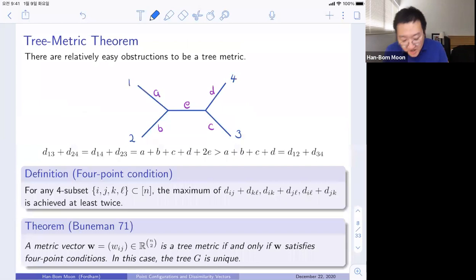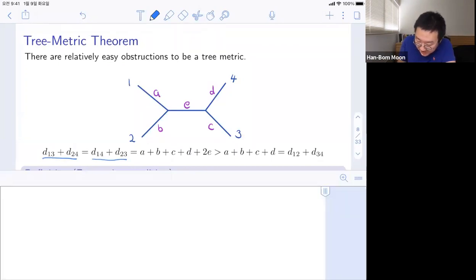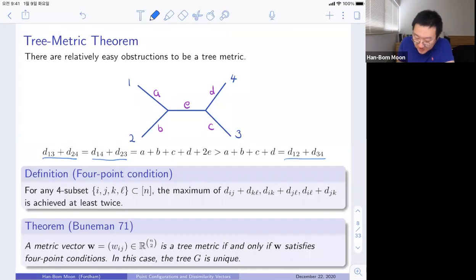All right, so here is one easy obstruction to being a tree matrix. Here is one of the simplest examples of a tree with 4 leaves. Now you can compute these 3 values: D13 plus D24, D14 plus D23, and D12 plus D34.